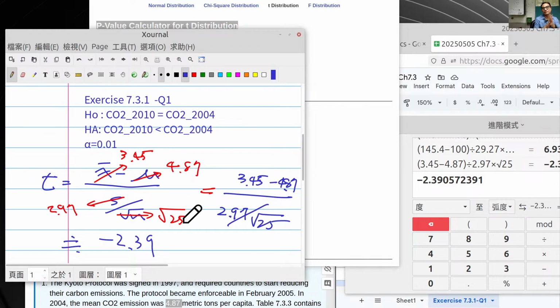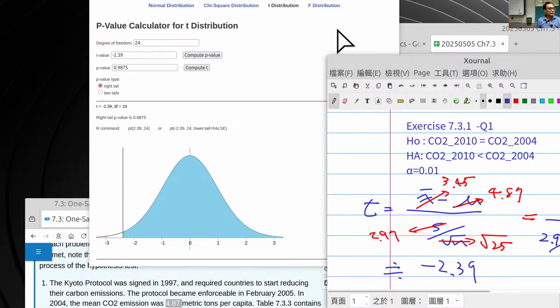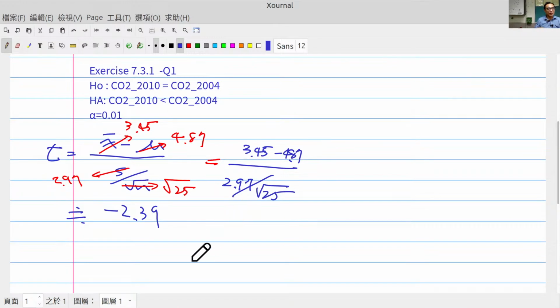Is it okay? Okay, you may feel confused about the principle of this one. Let me explain here. You can consider the t-distribution, assume like this one.